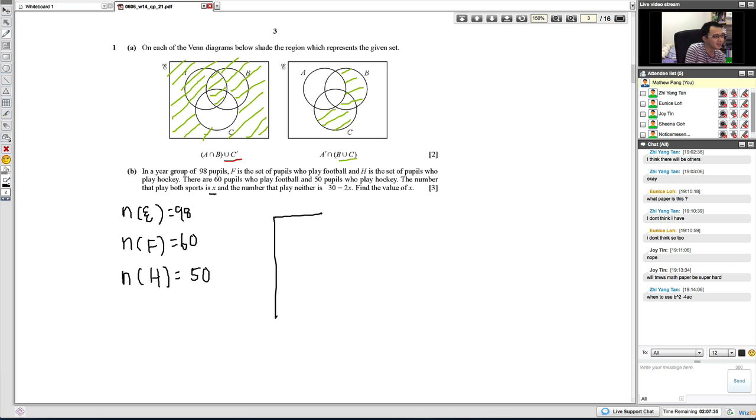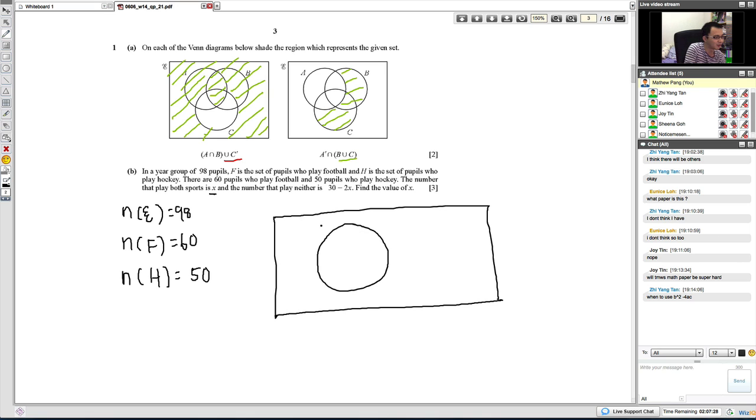Neither means not playing both, right? So I call this one football and this one hockey. Their intersect is x, because x represents playing both sports. Playing neither is 30 minus 2x, which is outside of the two circles here.